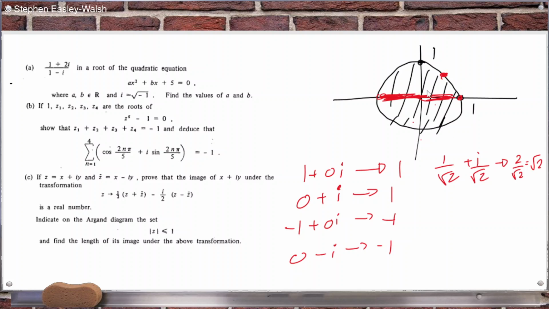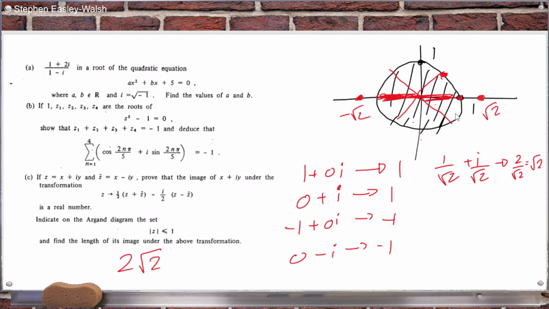So that gets pushed out to here. And on the other side, it'll get pushed out to here. So minus root 2 to root 2. That's interesting. So the answer would be from minus root 2 to root 2, so that's 2 root 2. Interesting. So the extremes happen here and here.